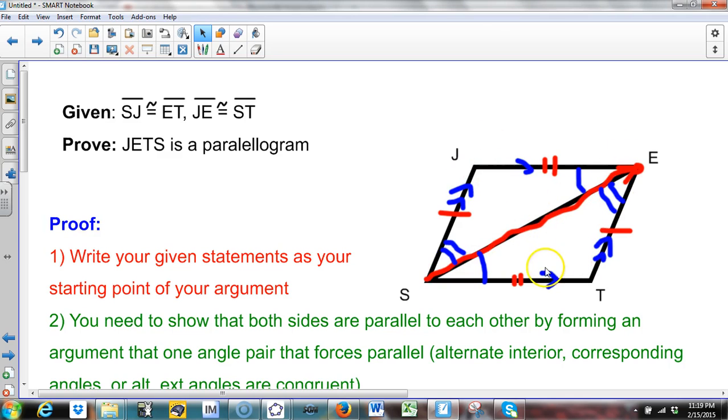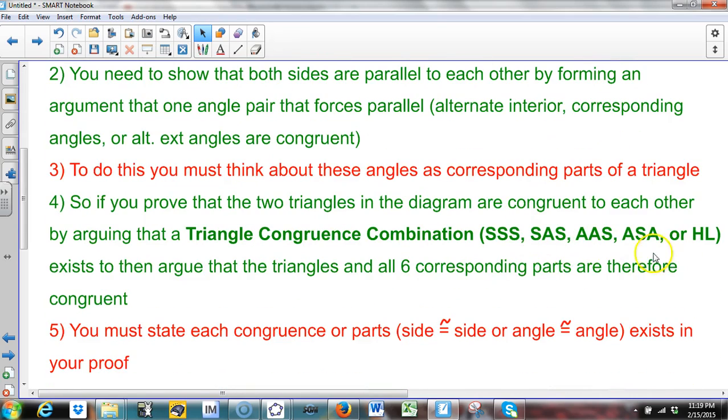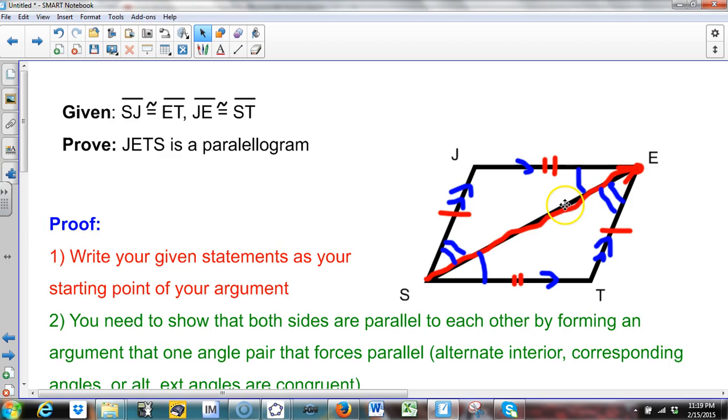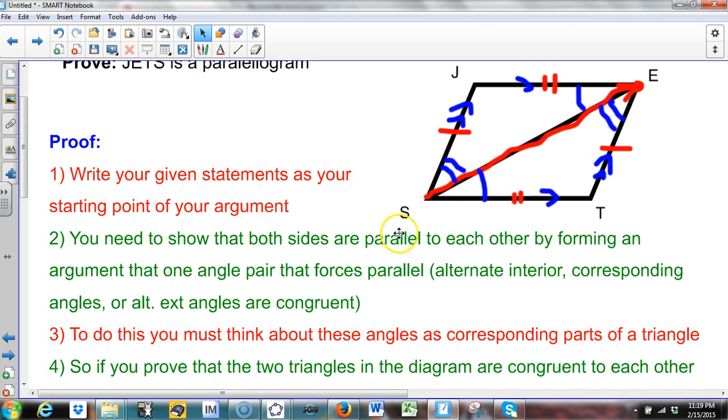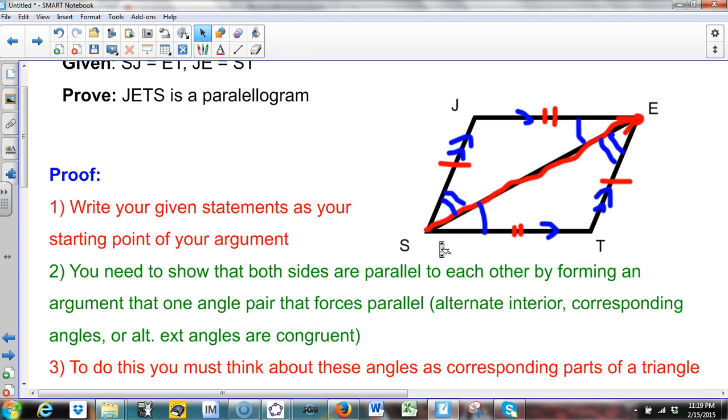To do that, you're going to prove some kind of triangle congruency combination, and then you're going to argue that if they're congruent to each other, then some corresponding angles, like these alternate interior angles, have to be congruent to each other because they correspond to each other in congruent triangles. And therefore, if those angles are congruent to each other, you have parallel, because that's how we argue parallel. Okay? So think about that as you try to prove that this is a parallelogram.